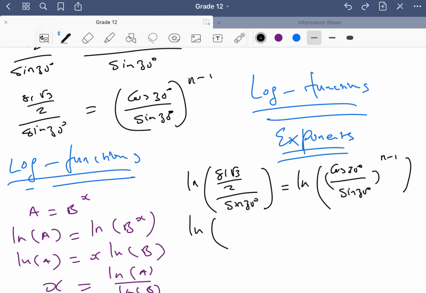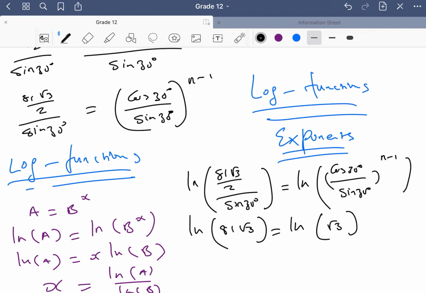So you have 81 root 3 divided by 2, divided all of that by sine 30 degrees, so you should get 81 root 3, right? And also with this one, cos 30 degrees divided by sine 30 degrees, so you should get root 3.